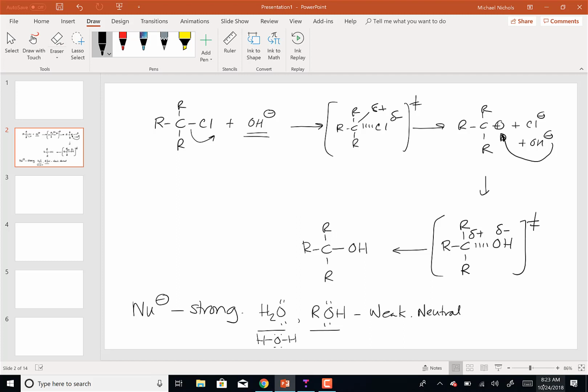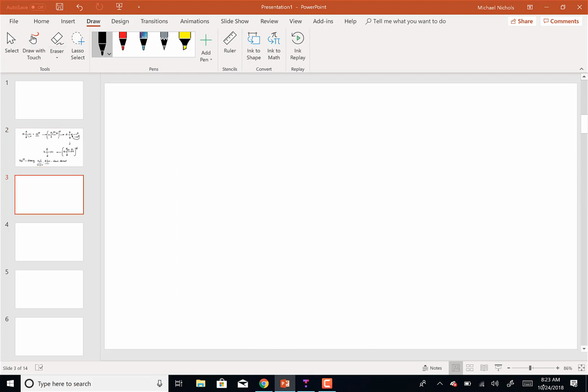Okay. So when I have this SN1 reaction, I don't necessarily have to do it with a strong nucleophile. I could do it with a weak nucleophile, like water. So let's go back and do this mechanism now of taking a tertiary halide, and let's go ahead and react it with H2O.